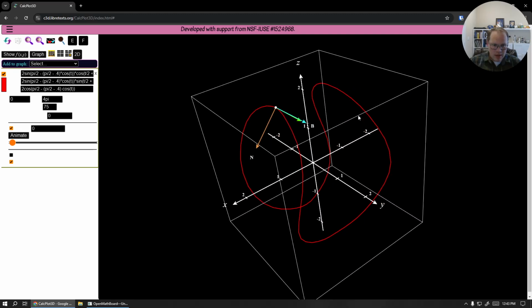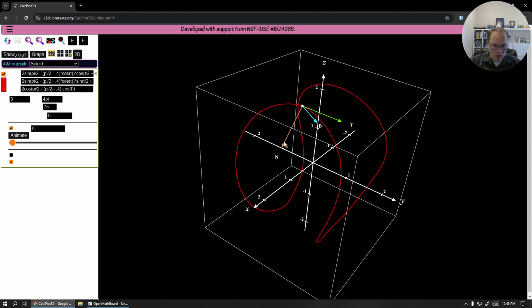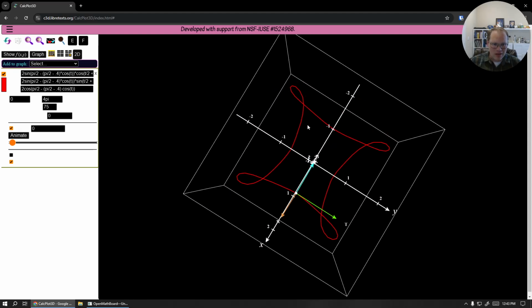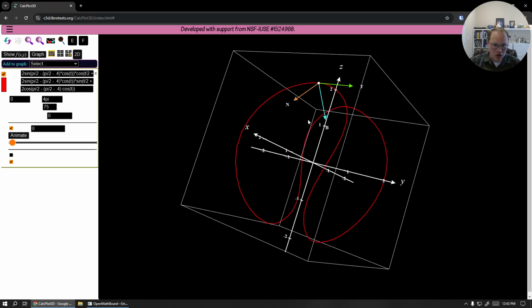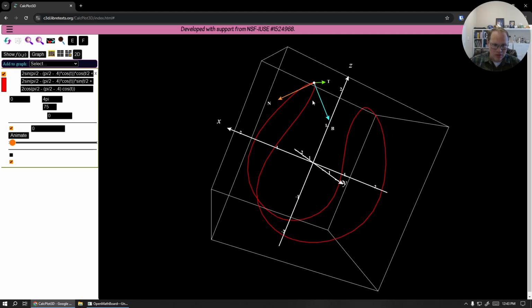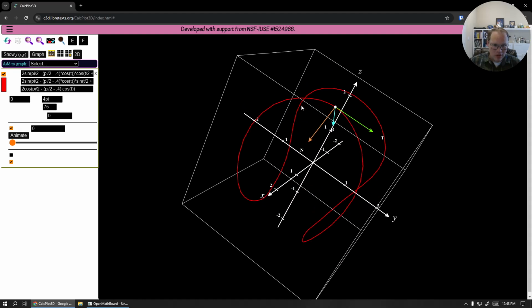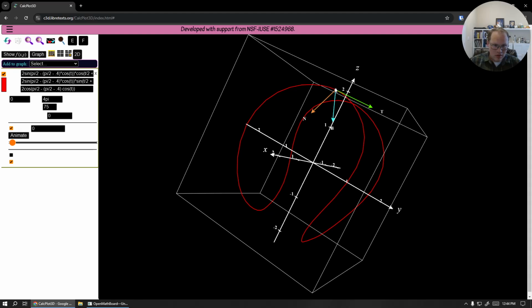Okay? And then we have our orangish vector right here. That's the unit normal vector. Okay? It is pointing in the direction the curve is curving. Do you see that? The direction the curve is curving. If you look at the curve, that unit normal vector is pointing in the direction where the curve is curving the most.